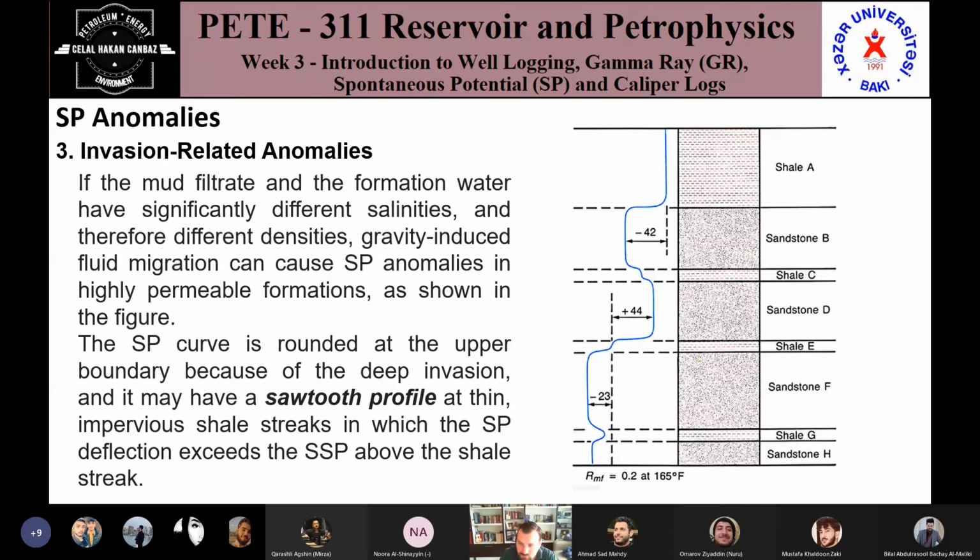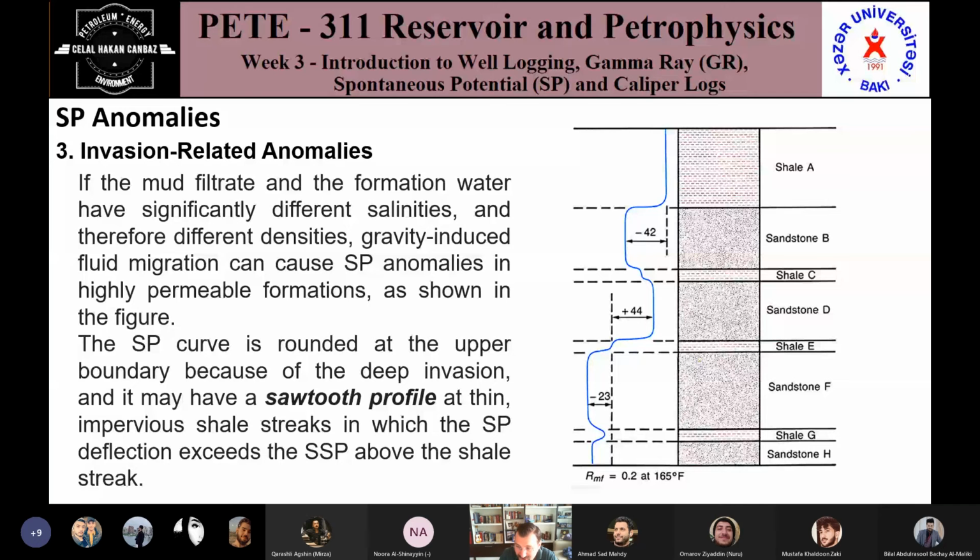So invasion is very shallow near the lower boundary of each permeable interval, and deeper near the upper boundary, so it has to be described as well. The SP curve is rounded at the upper boundary because of the deep invasion, and it may have a sawtooth profile at the tip.